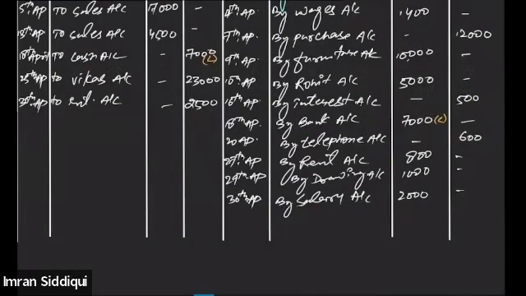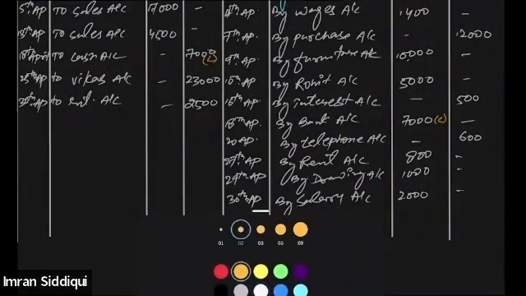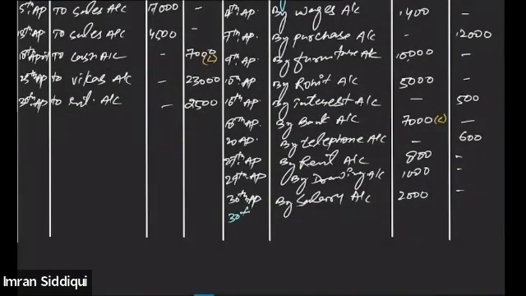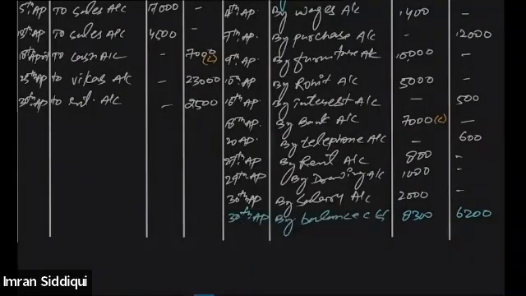You will find out the balance on 30th of April. The closing balance will be by balance C/D. On the credit side of the cash column, it will be 8,300 and 6,200 for the bank. Done.